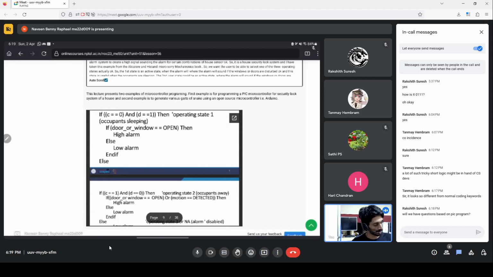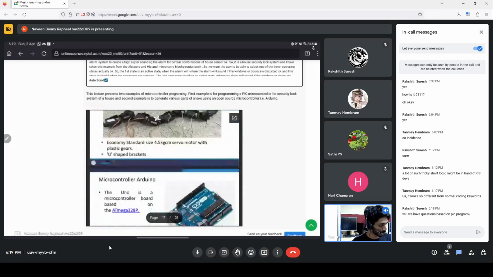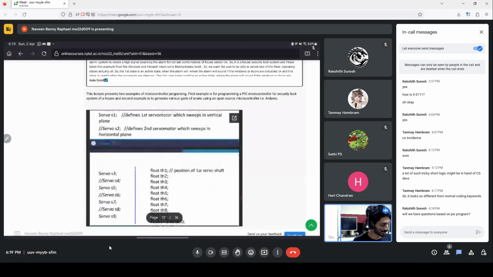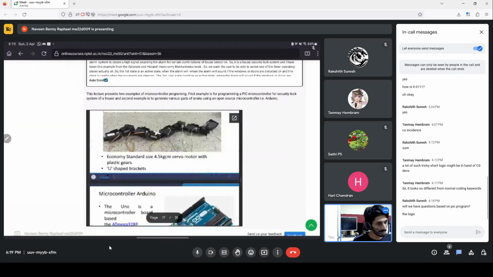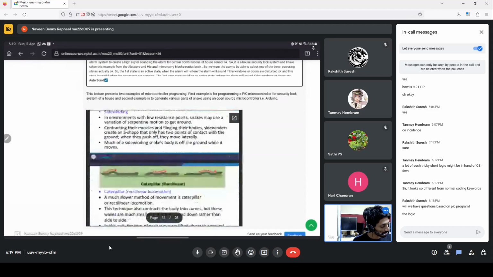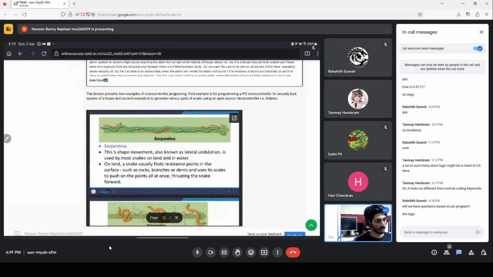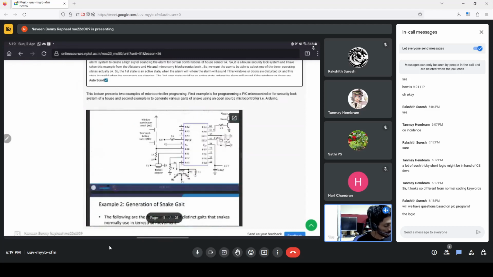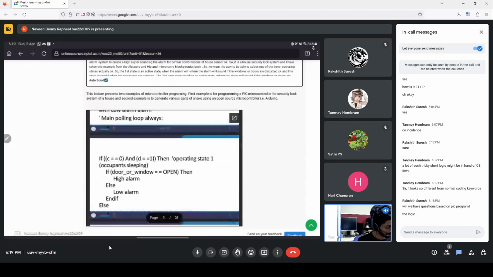I just immediately went to the Arduino example because the Arduino code is written in a more familiar manner for me. So once you know the logic behind programming, many of these steps are kind of intuitive.